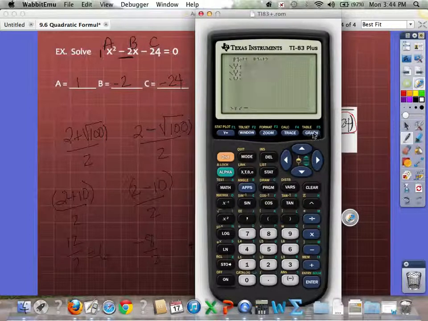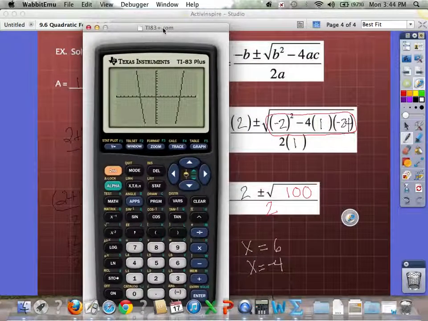And I'm going to look at the graph. According to my answers, I had 6 and negative 4, and that is 1, 2, 3, 4. That's negative 4 right there. And this is 1, 2, 3, 4, 5, 6 right there. So those are my answers where it crosses the x-axis. So this is true.